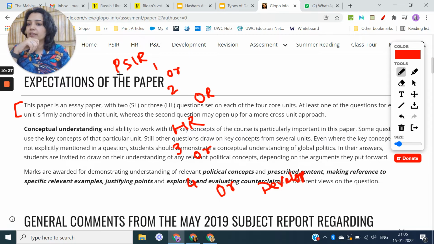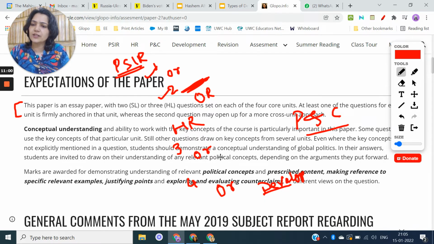Now you would see that the question is written under this unit. That means the questions would be from this unit only. Now it may happen that the question is inter-unit. That means this question may have something commonly connected to the development unit or to the peace and conflict unit. Clear enough?